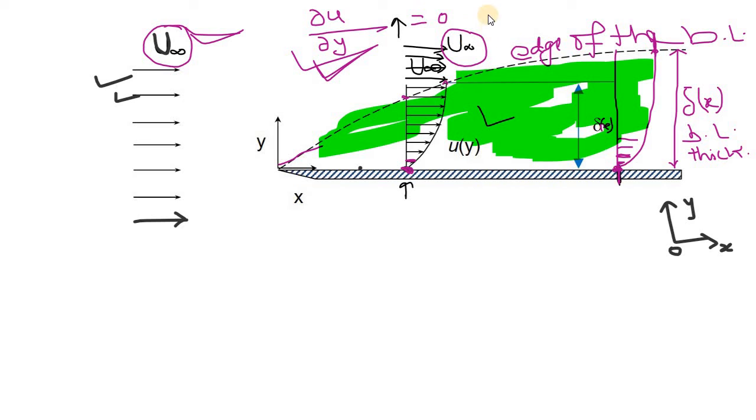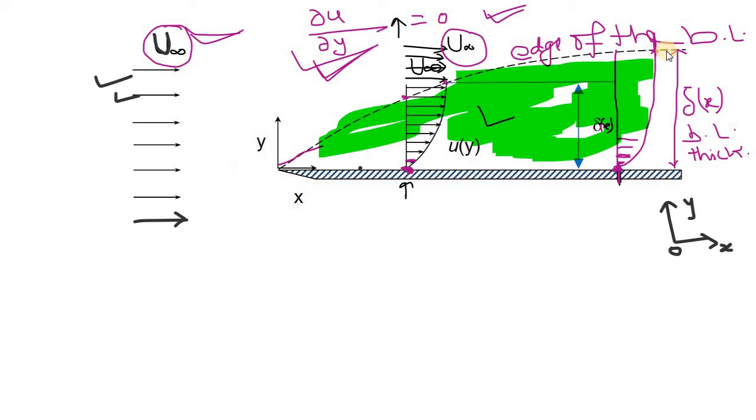So we also call this the inviscid region. The region outside the boundary layer is known as the inviscid region, whereas the boundary layer region is also known as the viscous region. And one more thing, this viscous region is a very thin region adjacent to the surface.